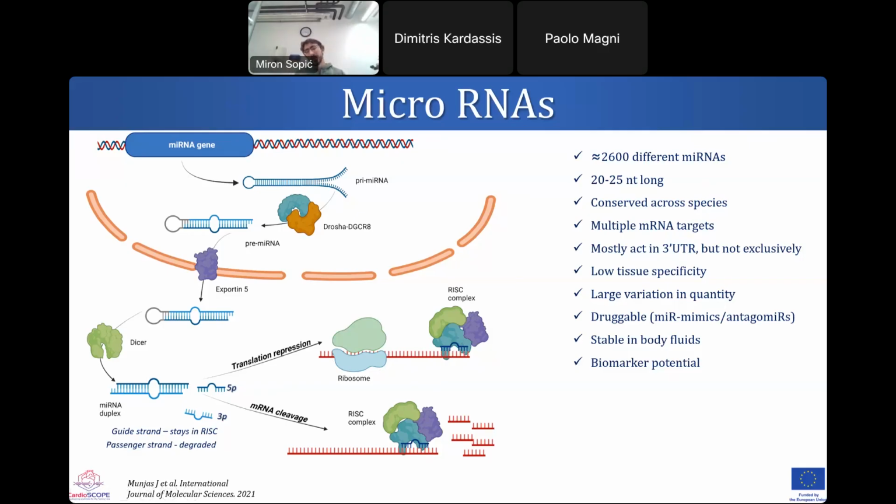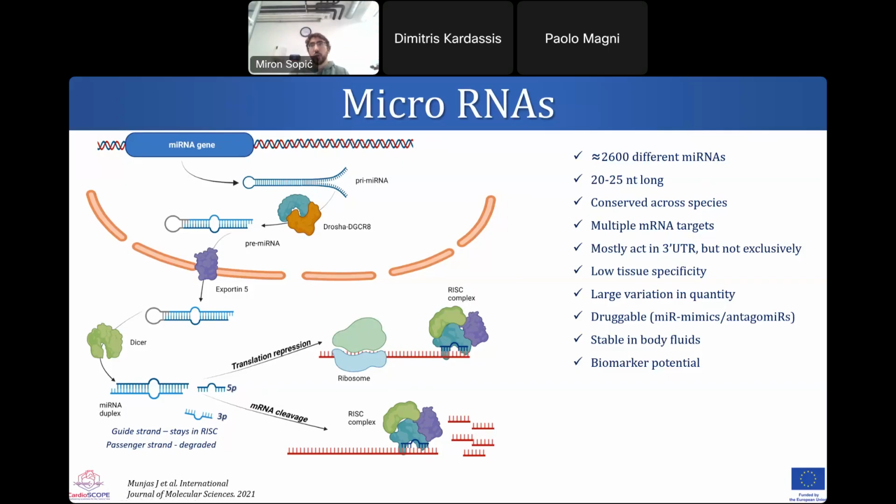Now, how does this work? Basically, a RISC complex can induce two types of effects on target mRNA. It can cause translation repression, which means that the ribosome will be bound to the mRNA, but due to the physical blockage of this RISC complex, the translation will not happen.